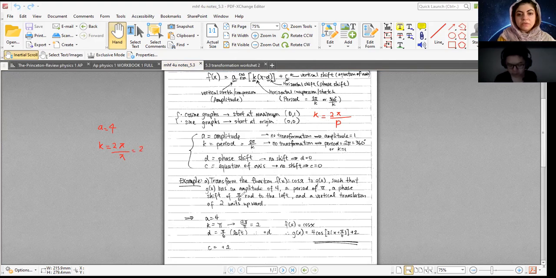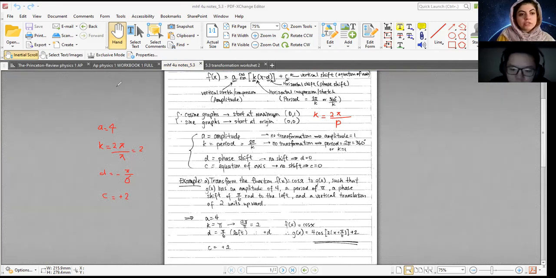A phase shift of pi over 6 to the left. Here is this D. This D needs to be negative pi over 6, as I said, to the left. And a vertical translation of 2 units upward. So this one is up and down, C. C up means positive 2. If that was down, it would be negative. Then I'm just putting that there, right?